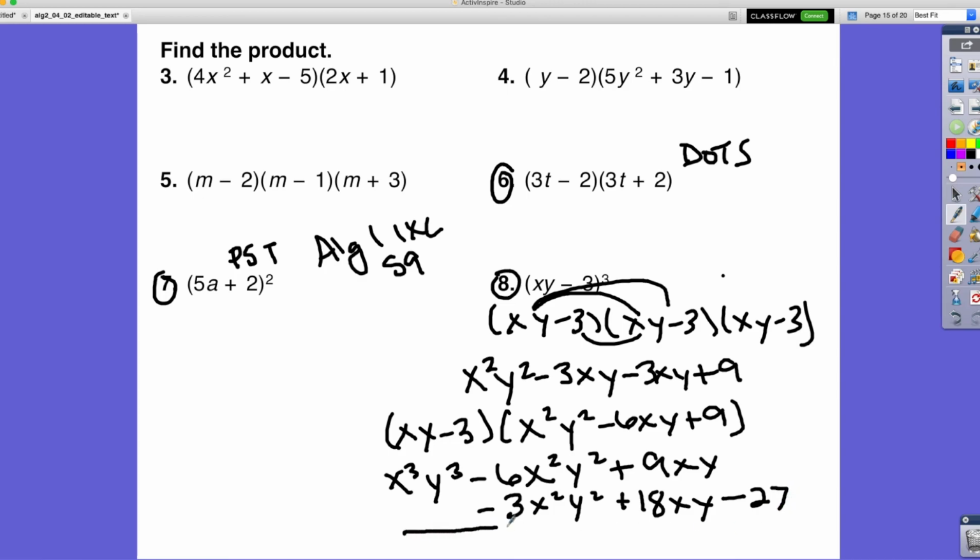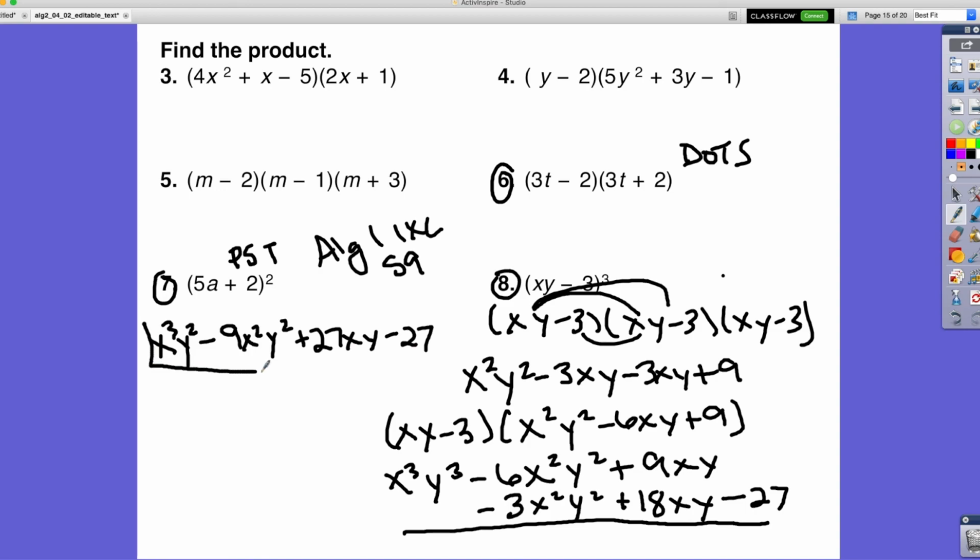So now we're going to collect like terms. I'm going to do it up here because I'm running out of space. X cubed y cubed minus 9, good, x squared y squared. What is this? Plus 27xy minus 27. That's your final answer.